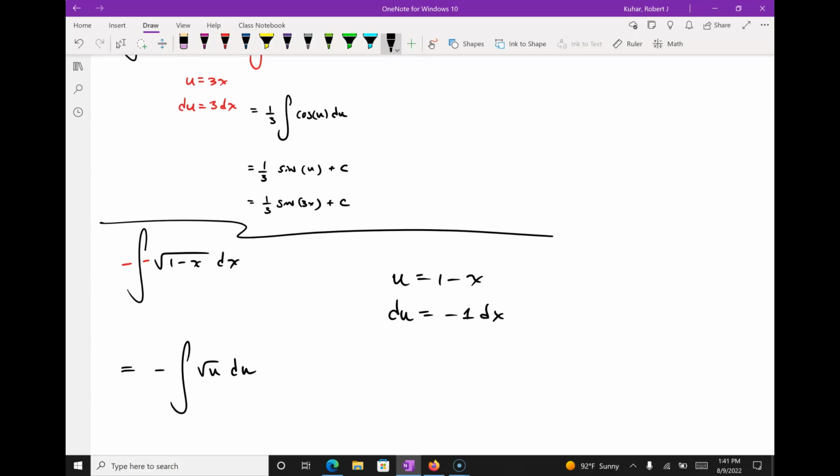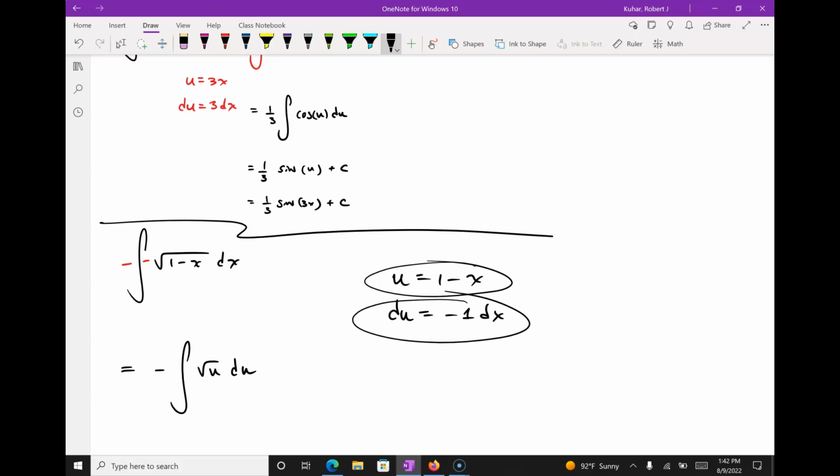Everybody with me? Say again? How did I do what? So the idea here is if there's a clear inside, let u be the inside. So I did that. I found the derivative of u, right? And then I say, can I make that happen? I can only make it happen if it's a constant, right?